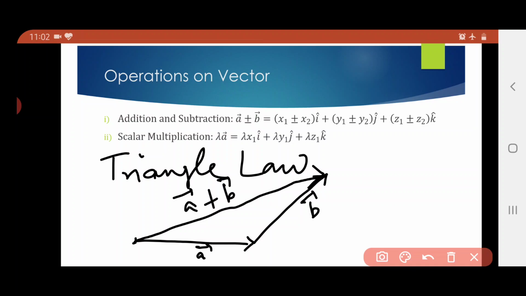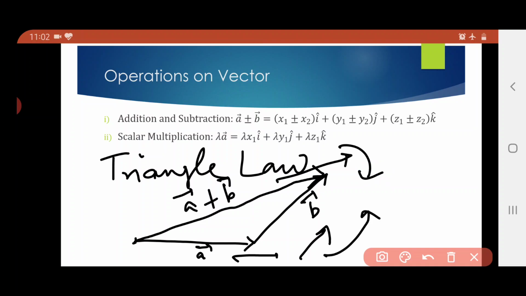Sense means the direction. This vector is directed this way, the other vector is directed this way. So it is all in the same sense, that is this anti-clockwise direction. And the third vector has its arrow on this other side, so this vector is taken in the opposite sense.